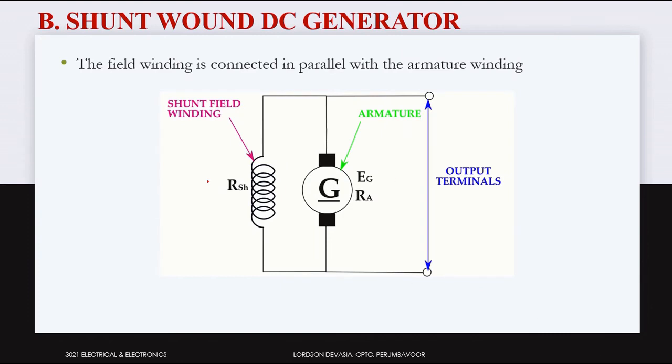The next one is the shunt generator, where the field winding is connected in parallel with the armature winding. Here this is the shunt field winding. You can see that there are many turns in the shunt field winding, and it is in parallel with the armature winding.